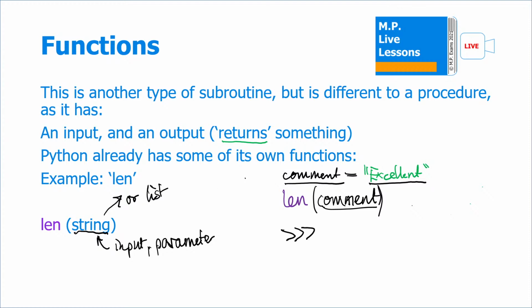Then it will return, so this will be your output. It will return how many characters there are in this string excellent. So there'll be 1, 2, 3, 4, 5, 6, which will return 9 because it's 9 characters long. So you can see this is a function because we have our input and our output.